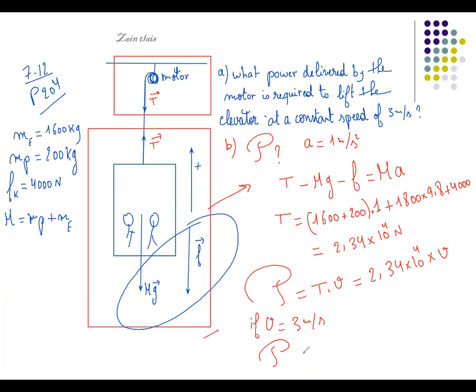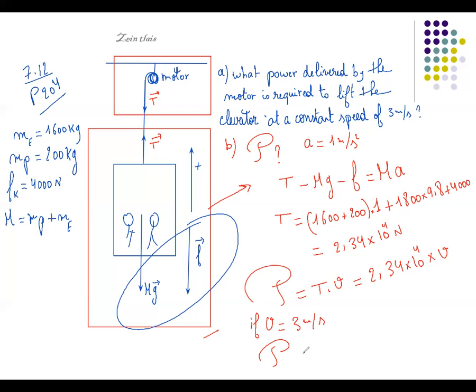But in part B, v is not constant. v starts at 0, and the velocity will increase with time. So in general, the power equals T times v.